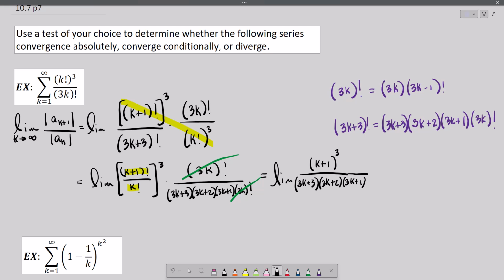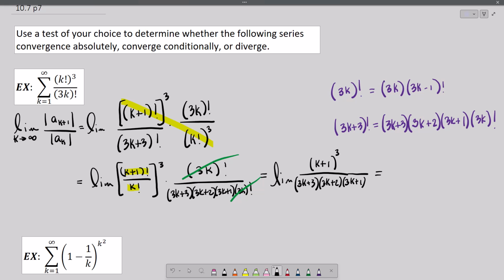Now I've got to go back to Calculus 1. We want to find the limit of this. Are you all comfortable with the idea that if you take the limit of a polynomial over a polynomial, it boils down to the limit of the dominant terms in the numerator and denominator?